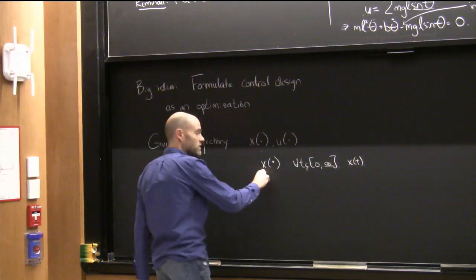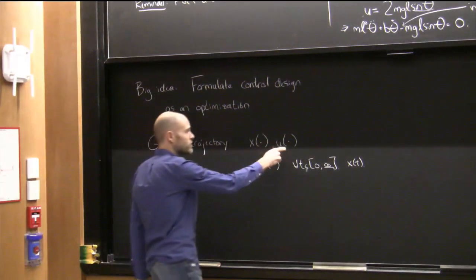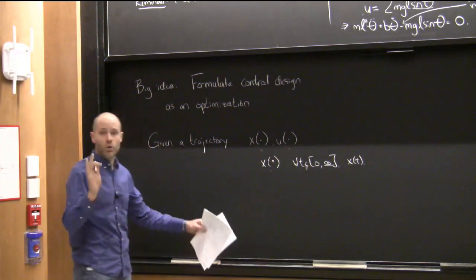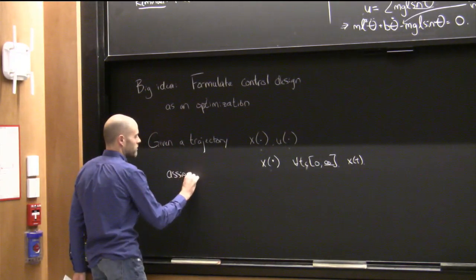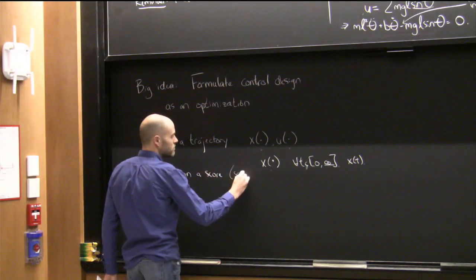I'll use this to mean the entire trajectory of x, and a trajectory of u. Once I'm given this, I need to assign a score, a scalar value.